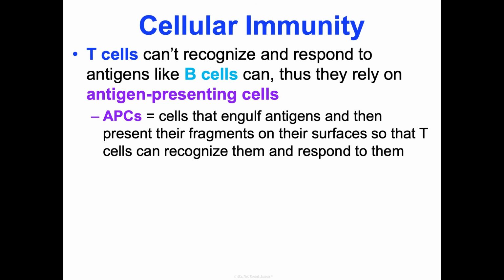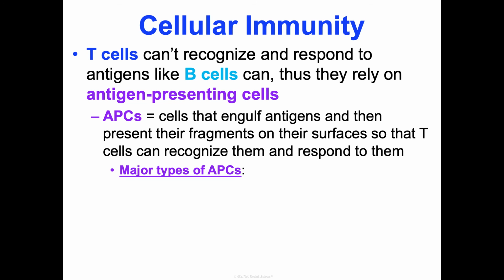It's almost kind of disturbing. It's like they rip up this foreign object and then wear it like a crown on their head, and this allows the T cells then to recognize that antigen because of the APC that's essentially wearing it, and thus the T cell can then respond to them.